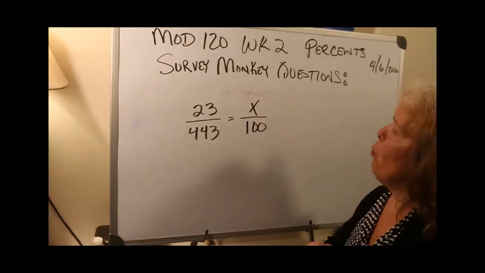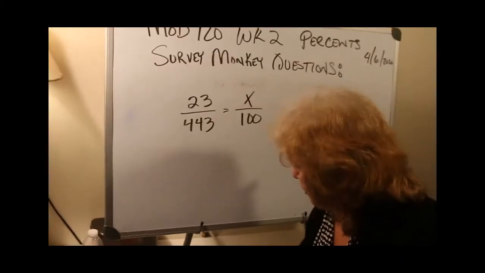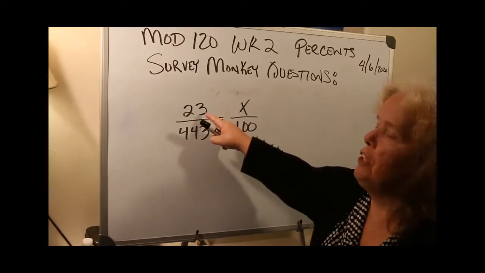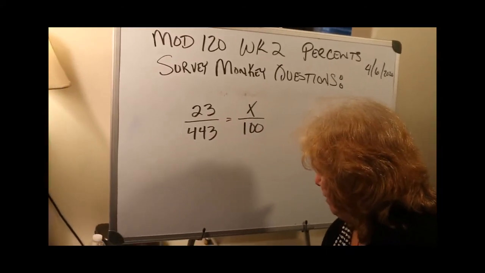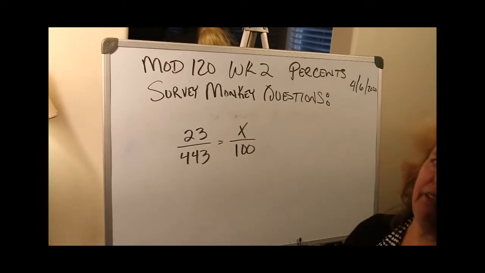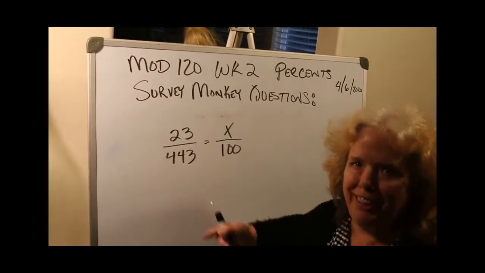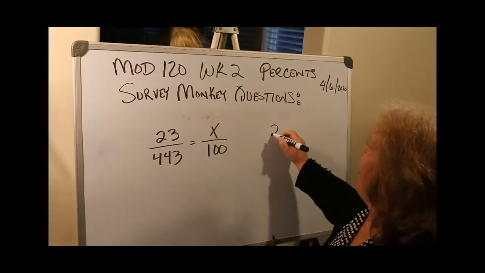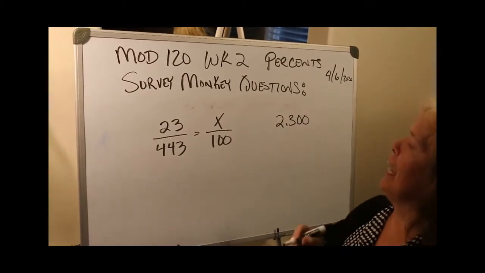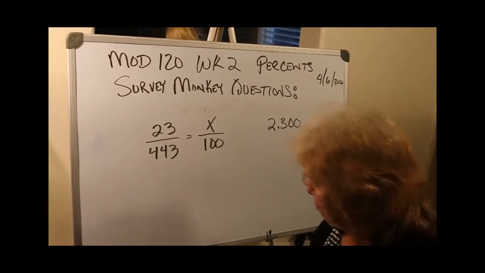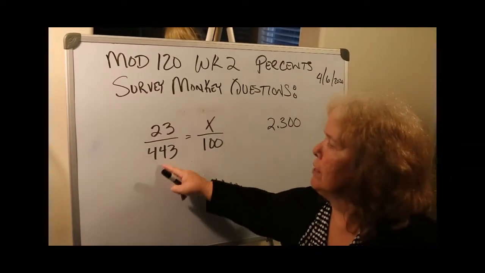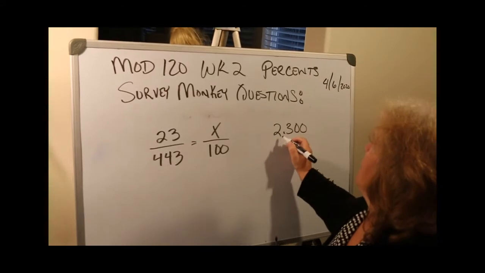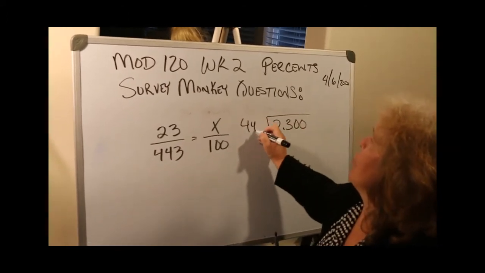So what two numbers cross each other? The 23 and the 100. So we take 23 times 100. You don't really have to do that on a calculator, just add 2 zeros to it. 2,300. And then what's the second part? You divide by the remaining number, that 443.